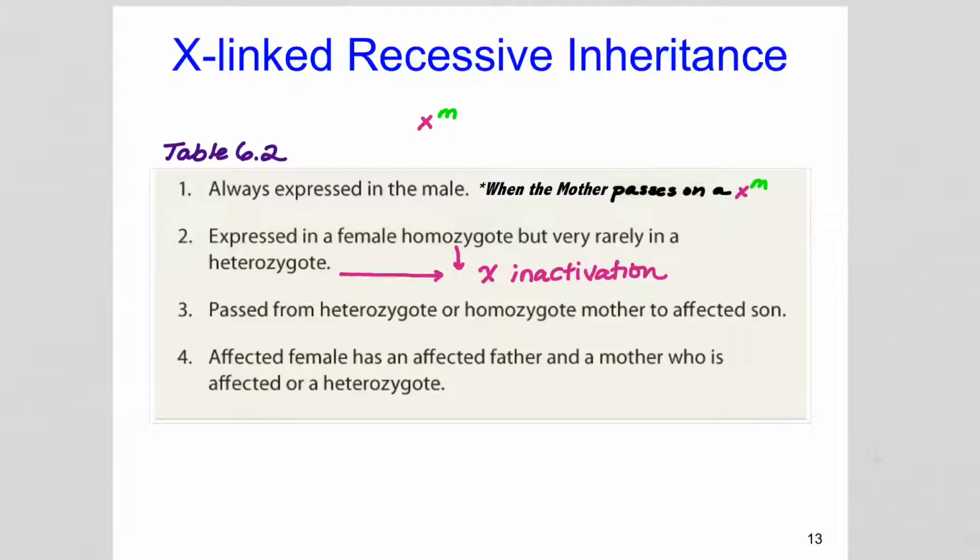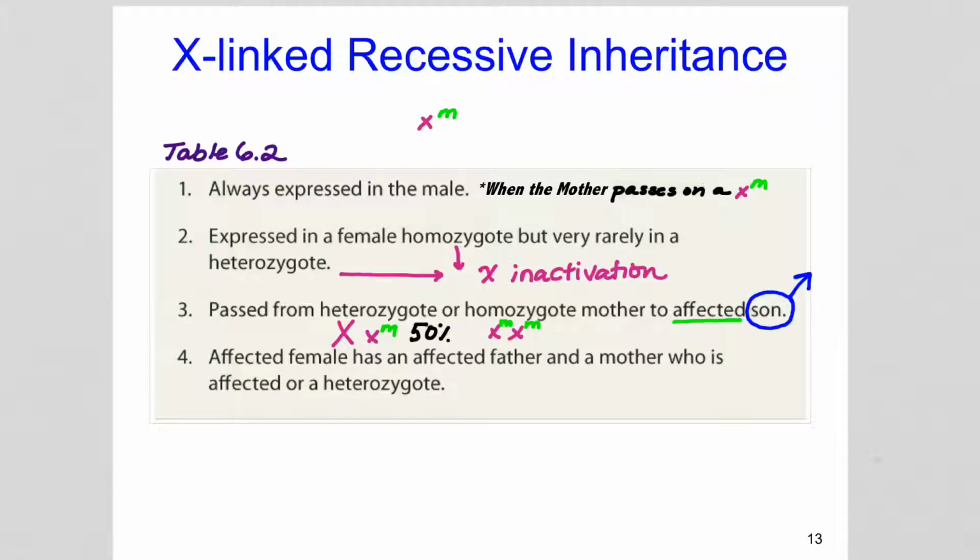So when dealing with how these conditions are passed on, if we have an affected son, what that means is the mutation was either passed on from a heterozygous or carrier mother. Here you can see she has one copy of the mutation, or a homozygous mother.